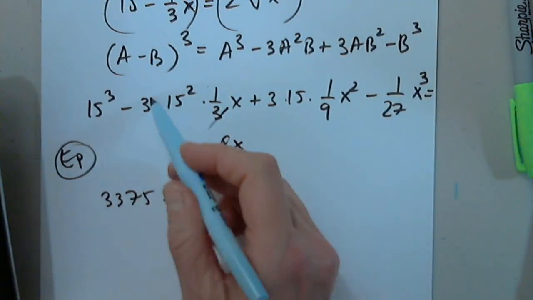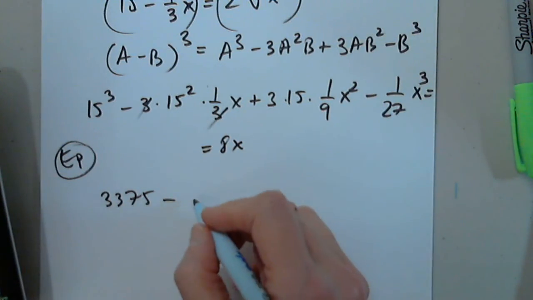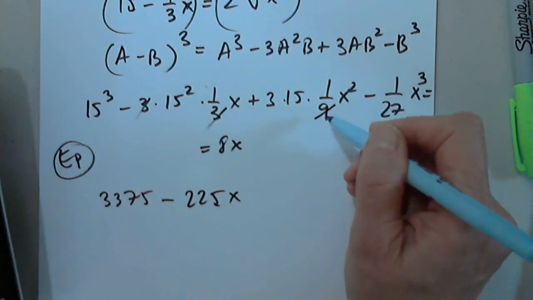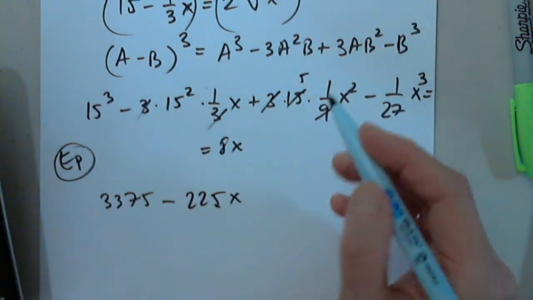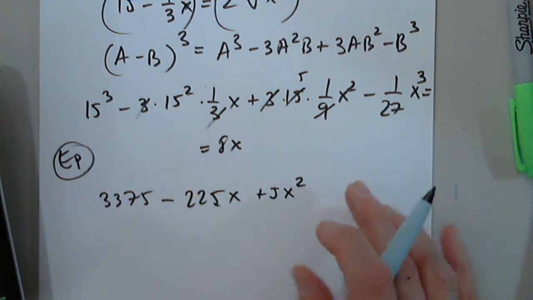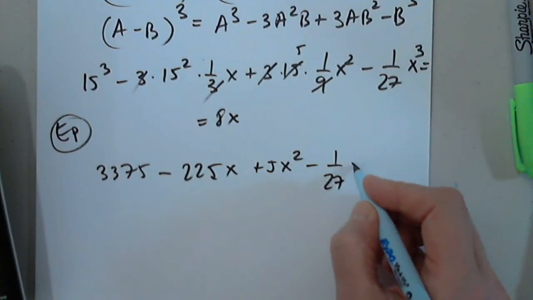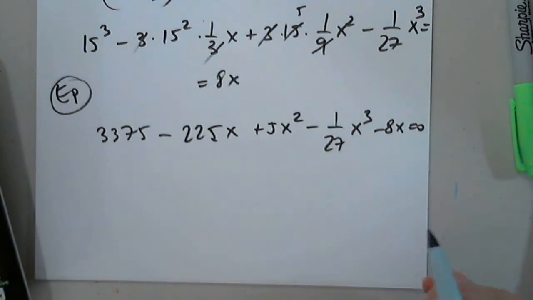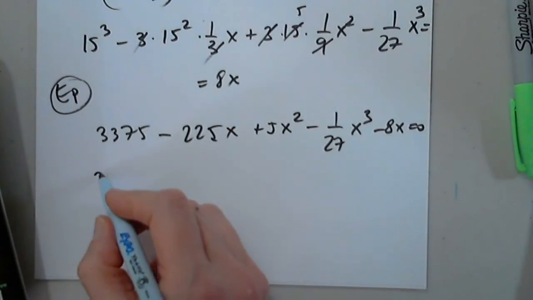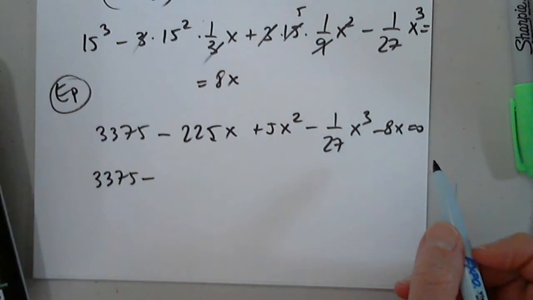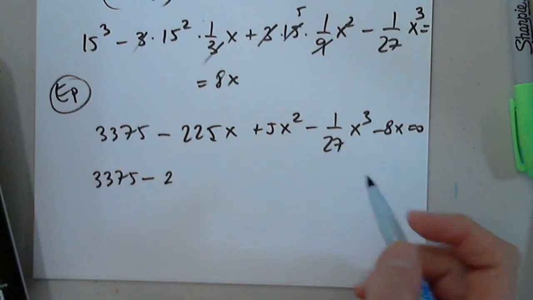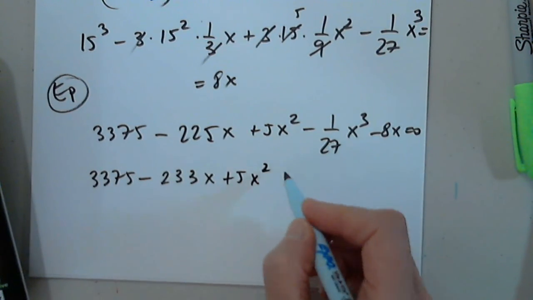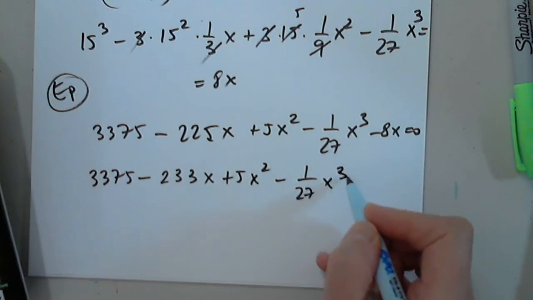So even if I simplify, let's simplify, so this is minus 225x. And here I have 5x squared minus 1 over 27x cubed minus 8x equals 0. So 3375 minus 233x plus 5x squared minus 1 over 27x cubed equals 0.